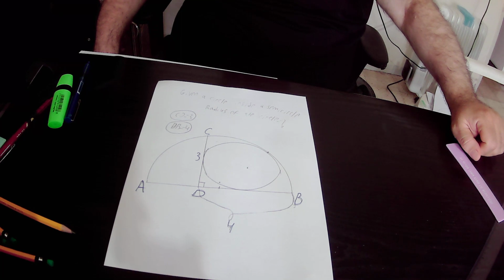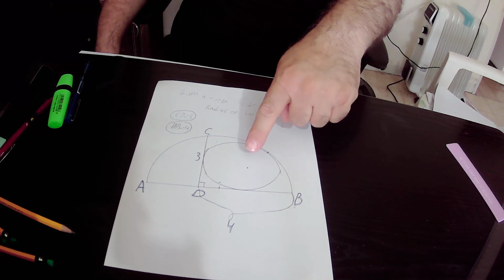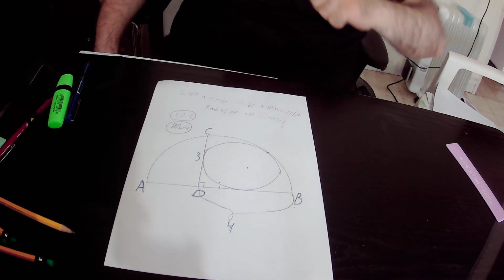We want to find the radius of this circle that is inscribed by this semicircle.